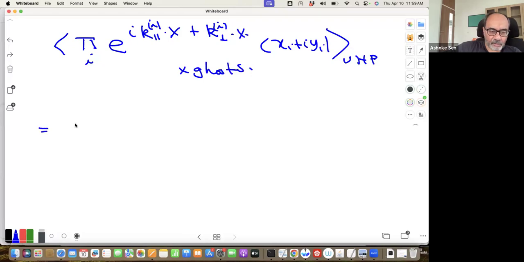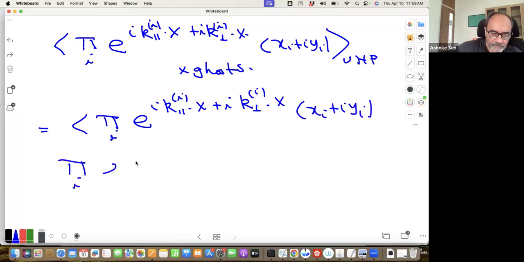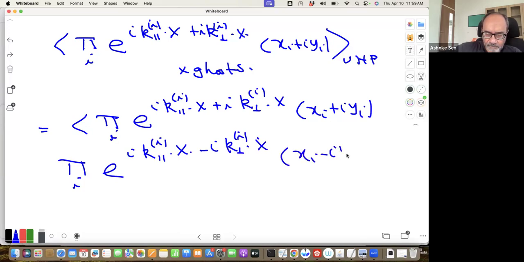So this is supposed to be equal to product over i of e to the i k_i parallel dot x, in the full plane. That was the rule. And then the ghost insertions will be there.